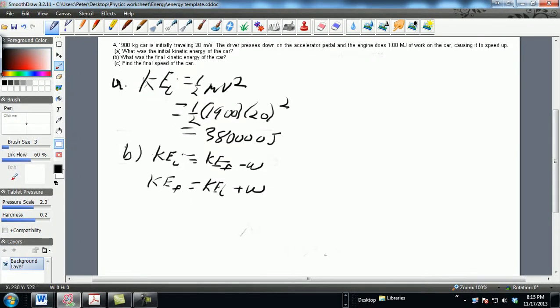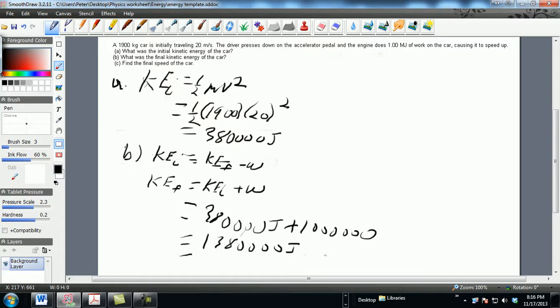I know my KEI was 380,000 joules. I have 1 mega, so that's a million. So my final answer should be 1,380,000 joules, which turns out to be 1.38 megajoules.